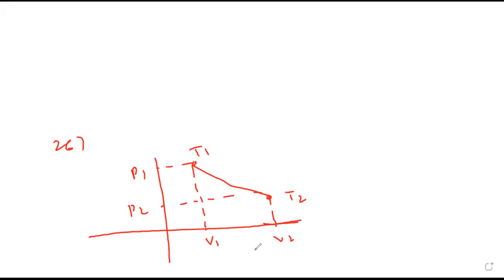They want the relation between T1 and T2. This is V and this is V. We want the relation between T1 and T2.